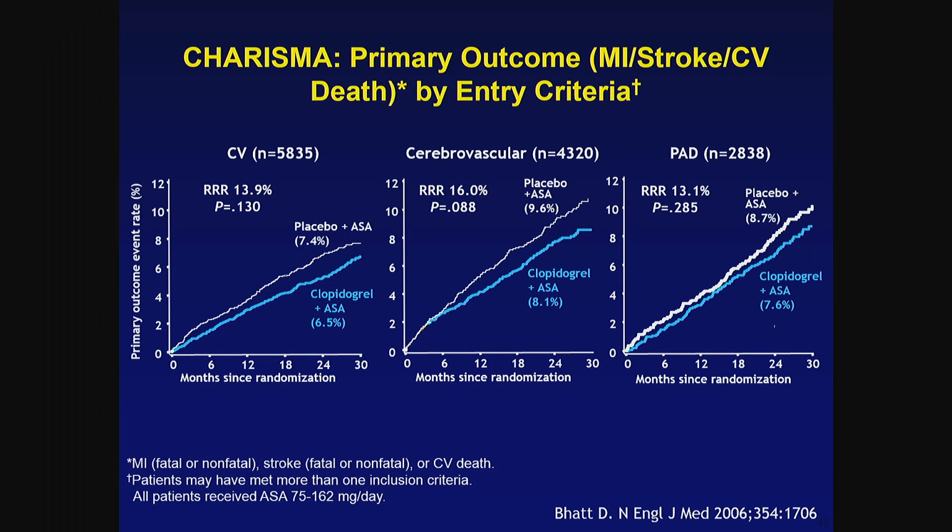And so these patients were randomized to receive dual antiplatelet therapy or monotherapy with aspirin. And famously, this study showed no difference in reduction of the primary outcome of myocardial infarction, stroke, or cardiovascular death in these patients.